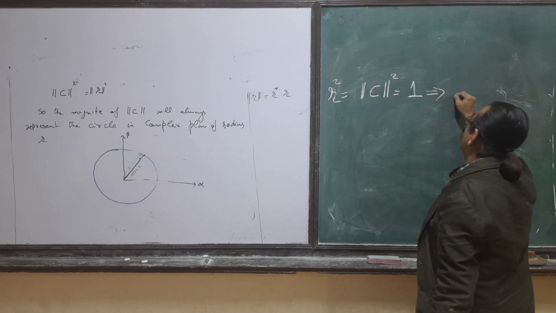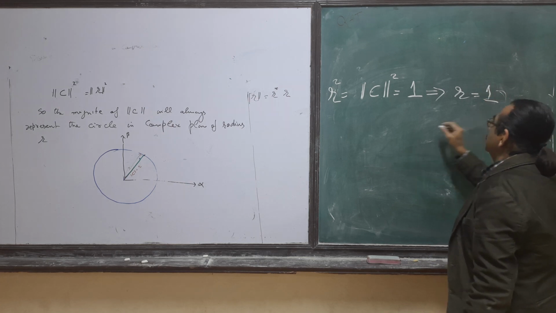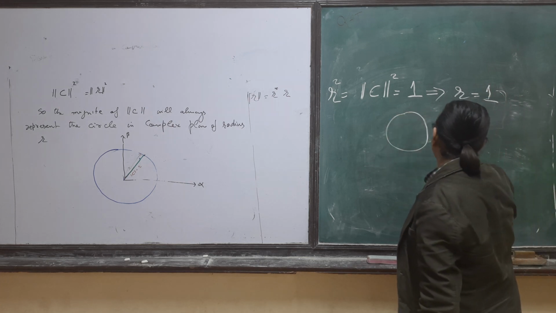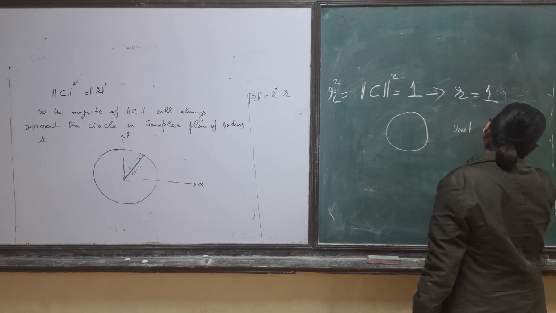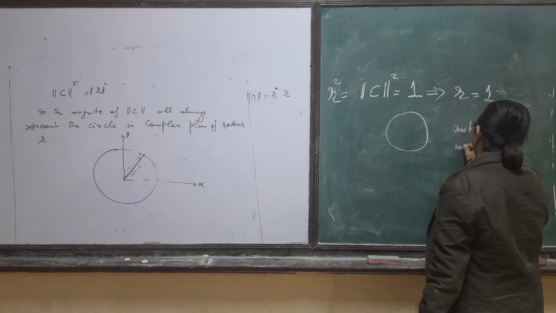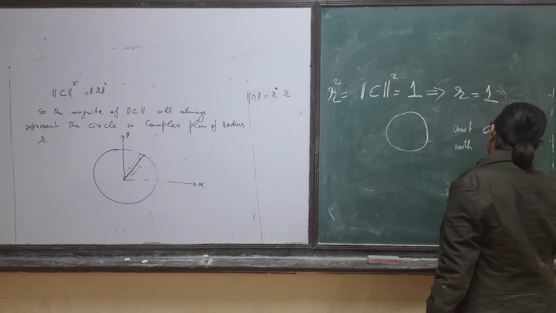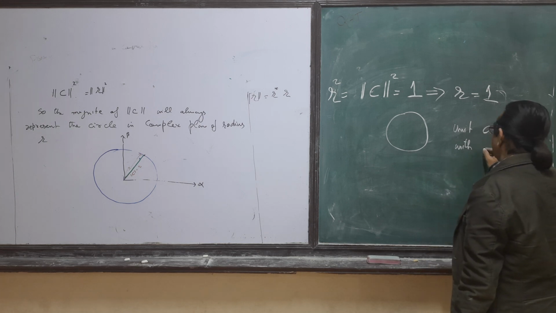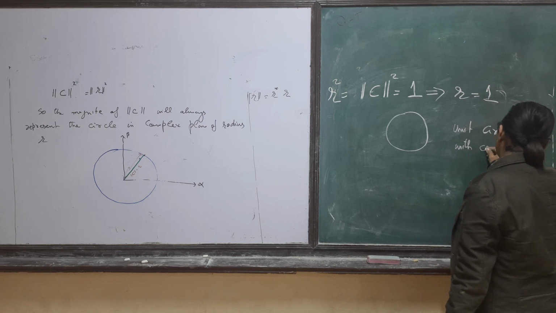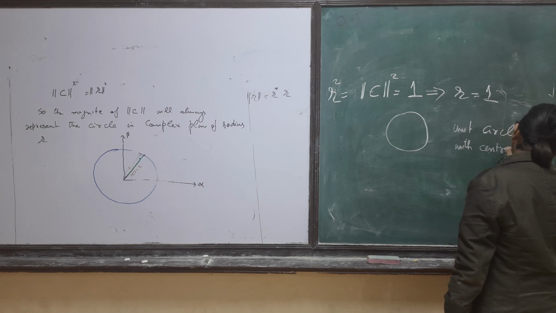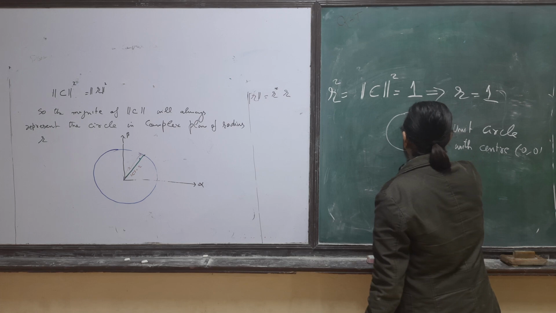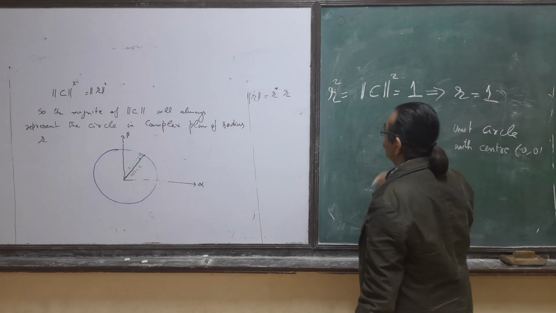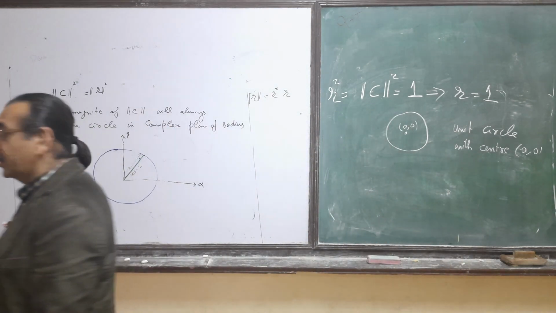This implies that R equals 1. This will represent the unit circle with center at 0, 0.